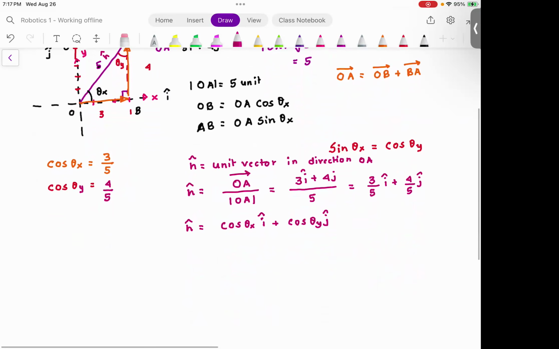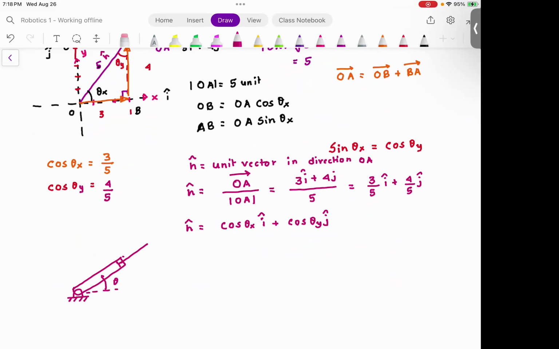I'm going to give you a problem wherein you have a cylinder assembly, and this cylinder is able to pivot around the x-axis.